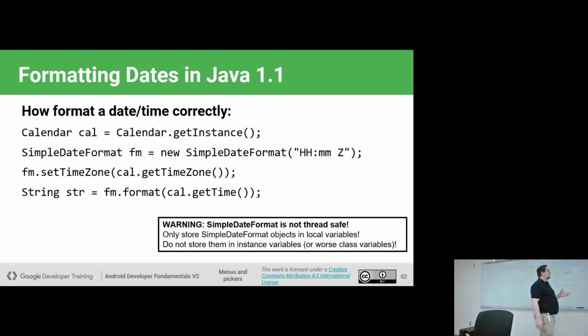So let's say the current time is, what time is it right now? It is 1:17. If I take 1:17 here, this would output 13:17 as the first part. And then the time zone typically is outputted as the amount of hours and minutes that we are off from GMT or UTC.